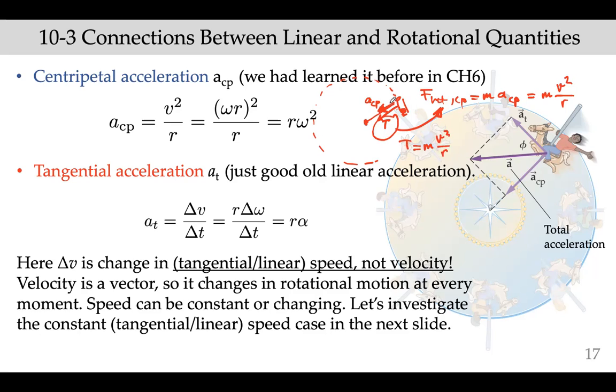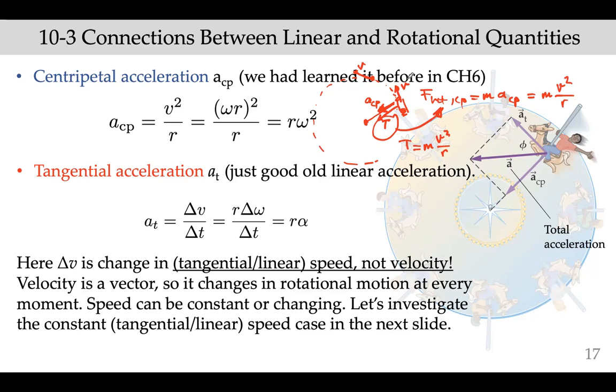So centripetal force is there because this train has a velocity in this direction, but when it comes to this point, its velocity is in this direction. Even though the speed doesn't change, because the direction changes, there is a change in velocity. Remember, velocity is a vector.